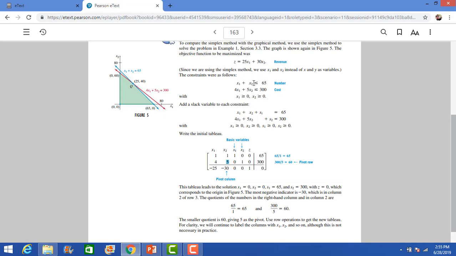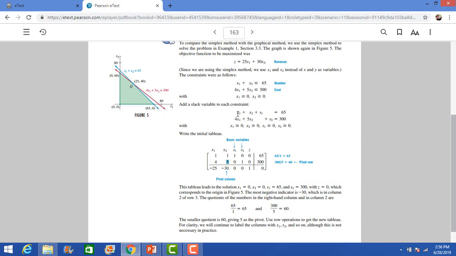What we're doing is changing all of these to equations, adding a slack variable to each one. Here are the 2 constraints that we're going to use. We know that x1 is greater than 0 and x2 is greater than 0. The initial tableau is going to be this. We're going to make these inequalities equations, adding S1 and S2 to both.